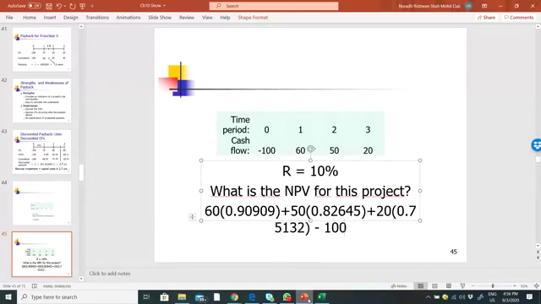Then you minus with 100. So you solve this one by one.